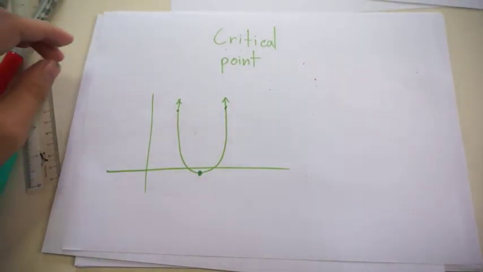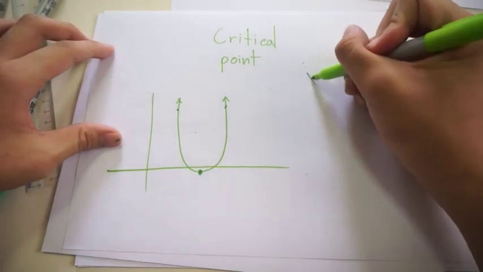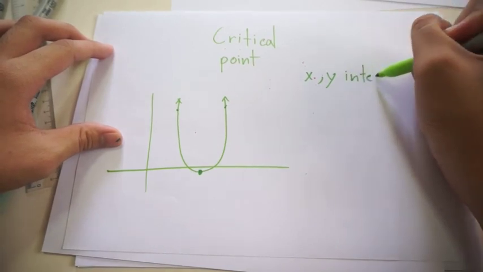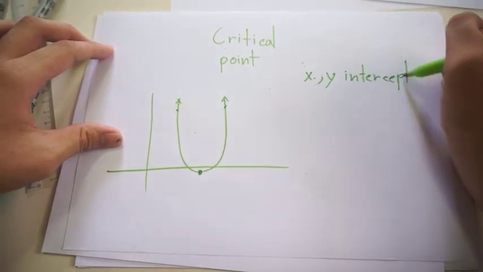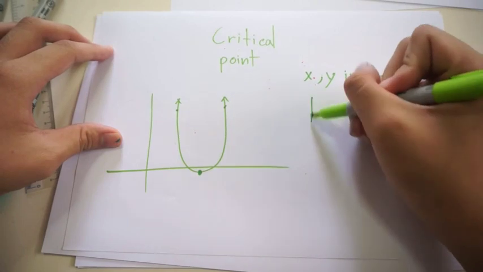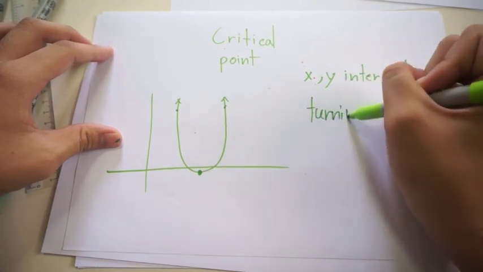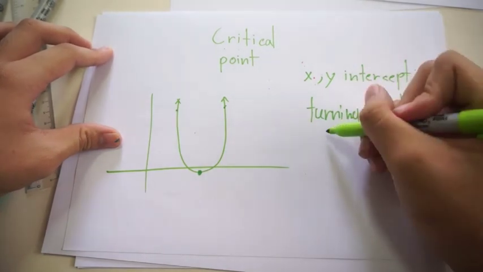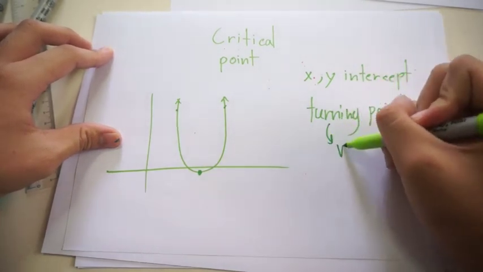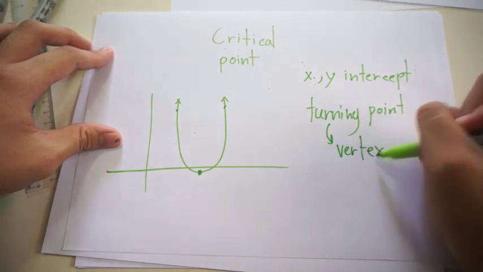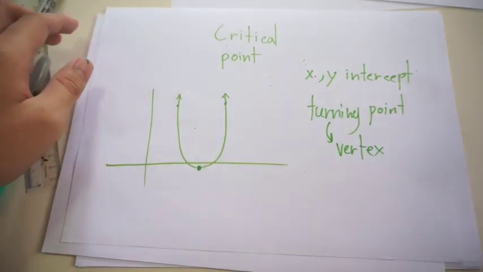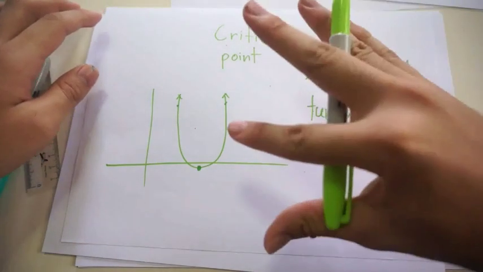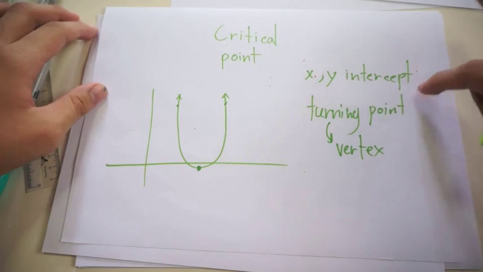So basically critical points are the x and y intercepts and the turning point, or I like to call it the vertex. Now, I think I will answer the fourth question before the third question because it's actually important.